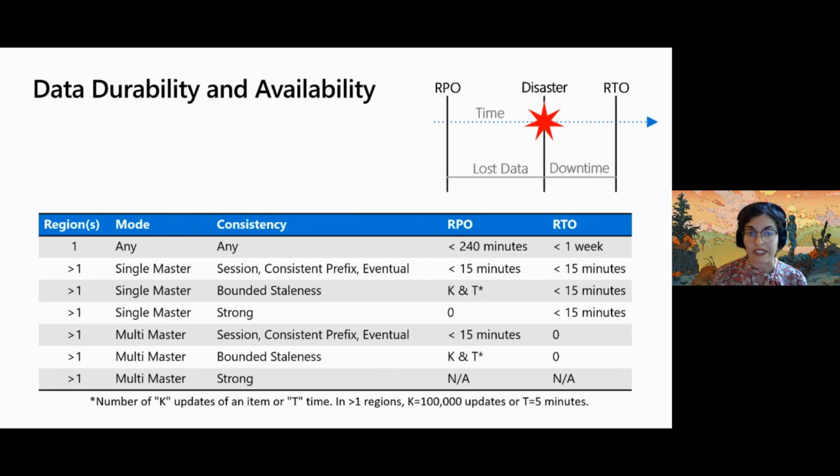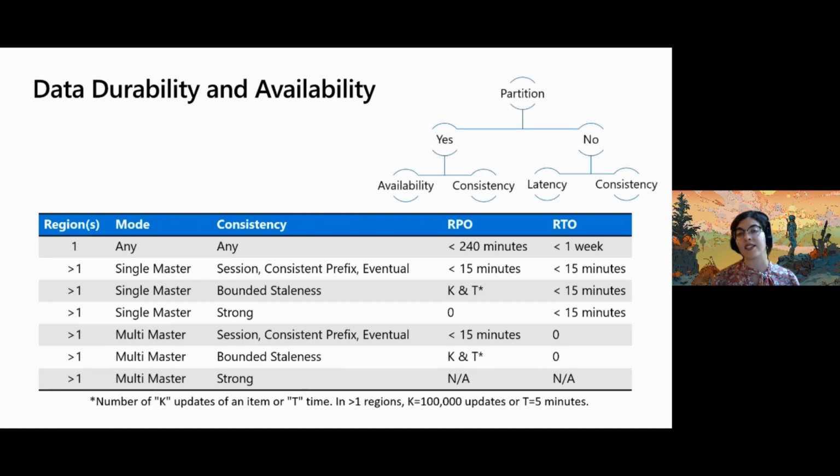You might notice that even with strong consistency and multi-master setup, you cannot get both RPO and RTO 0. And this is because of the PACELC theorem and the CAP theorem and the trade-off between availability and consistency.